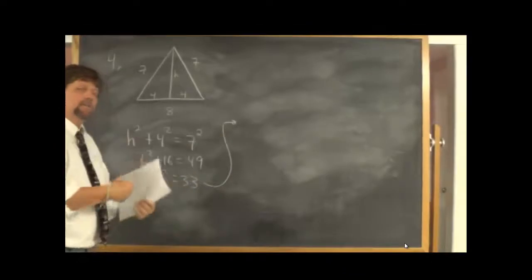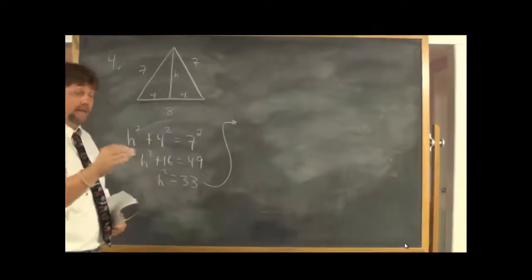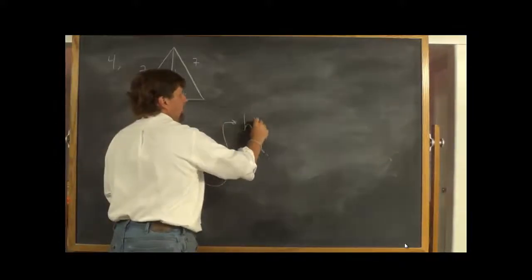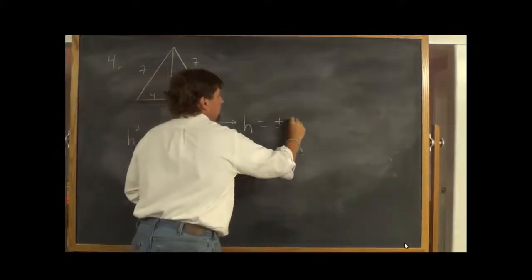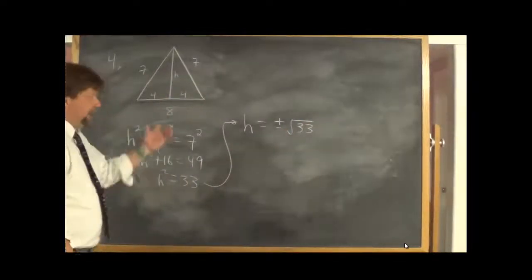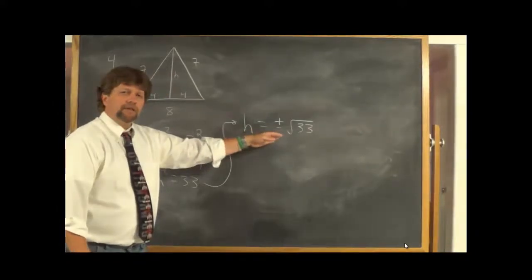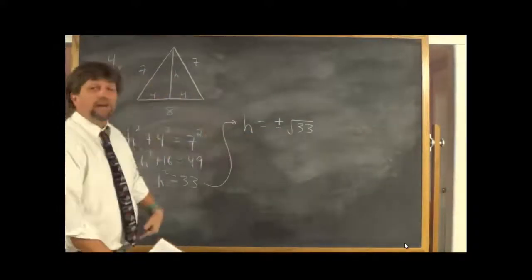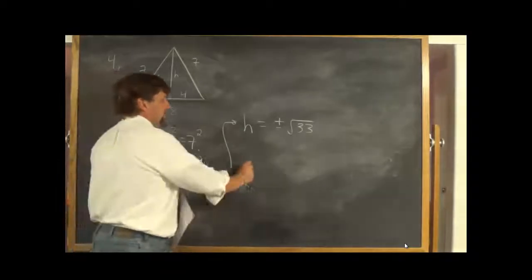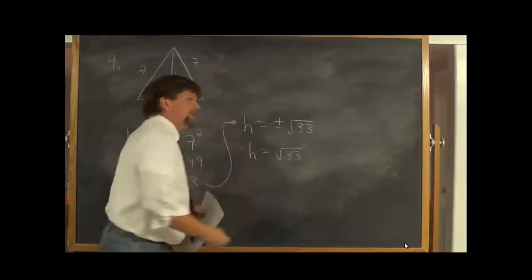Technically speaking, when we take the square root of both sides, you have to remember to put in the plus or minus. But since we are talking about an actual triangle, the negative makes absolutely no sense. The tent is not going down into the ground. So we get the height to be the square root of 33 feet.